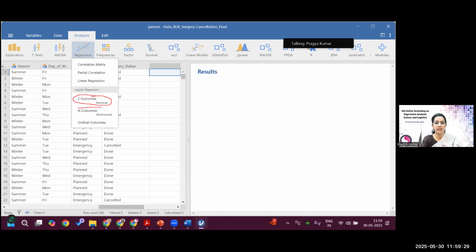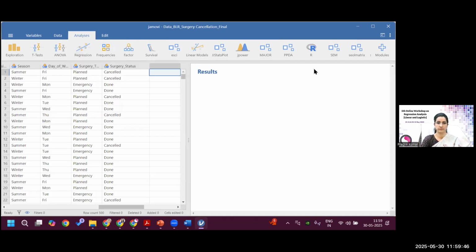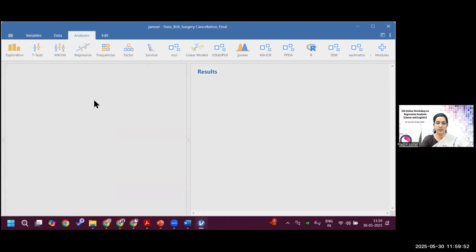If there is an n outcome, this is multinomial. And if the outcome is ordinal, meaning it has an ordered nature, then it is ordinal regression. So what option will I click? I will click binomial.